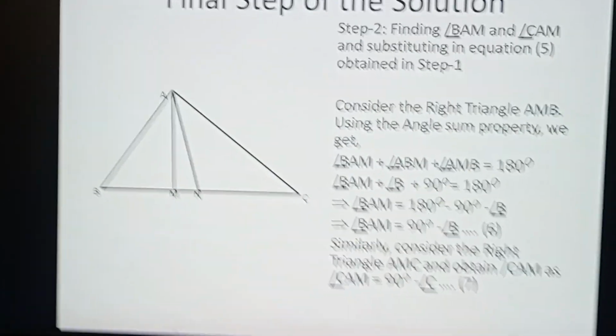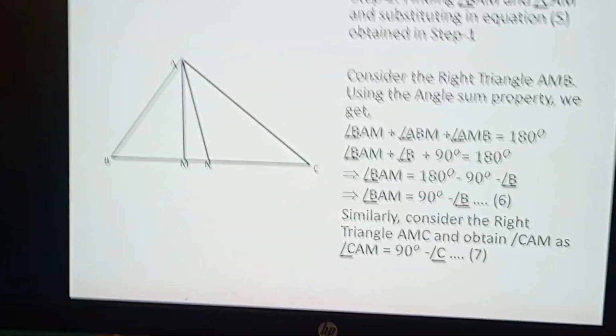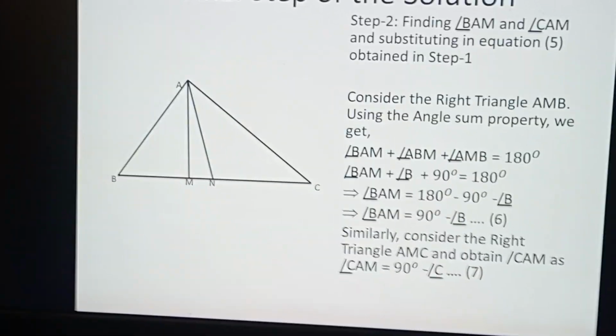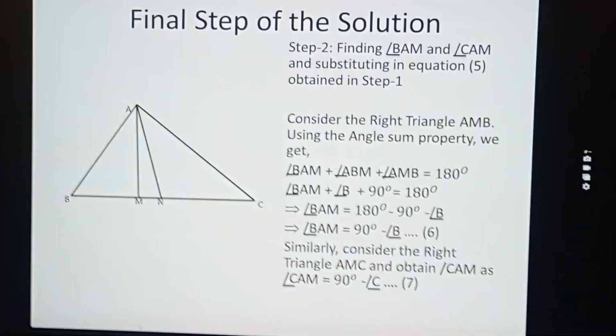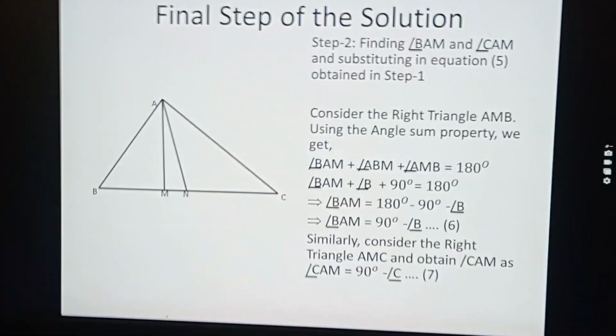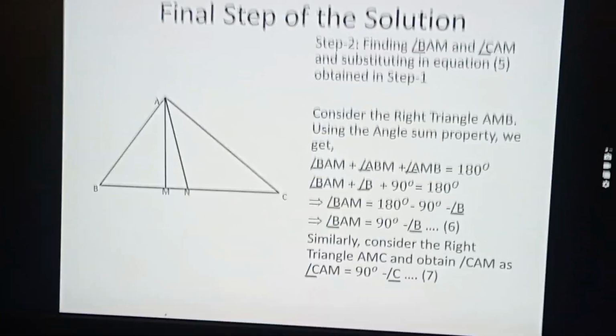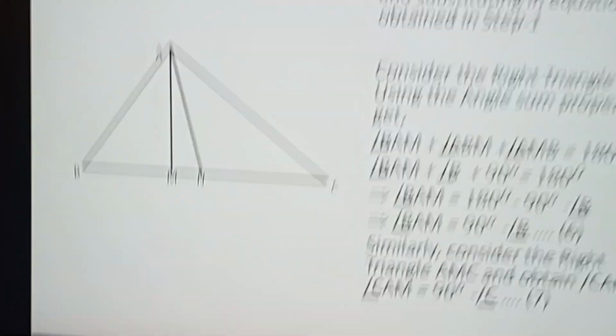Finding angle BAM and angle CAM and substituting in equation 5 obtained in step 1. Now consider the right triangle AMB. This is AMB on the left side of the figure. Focus on that.